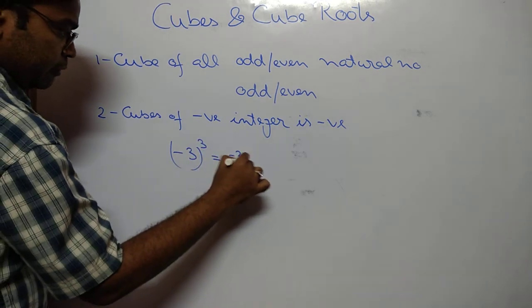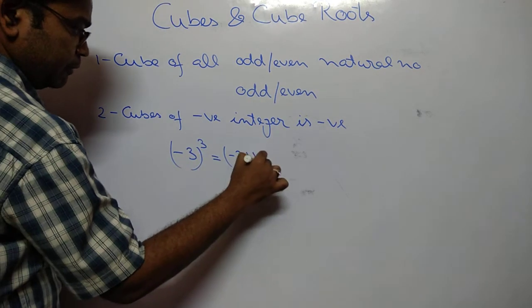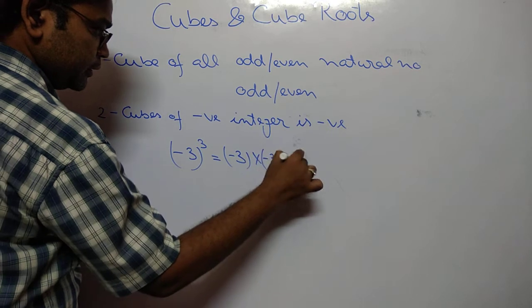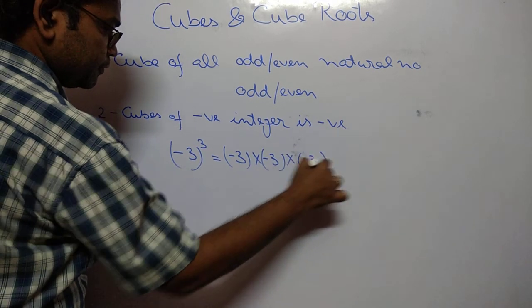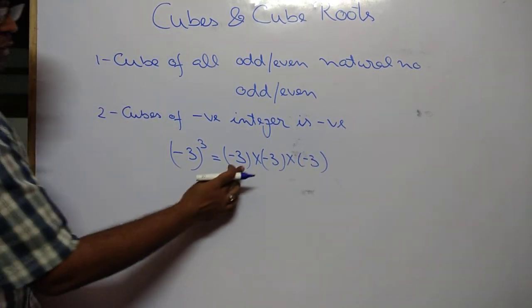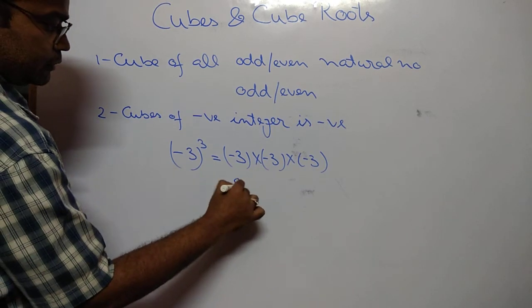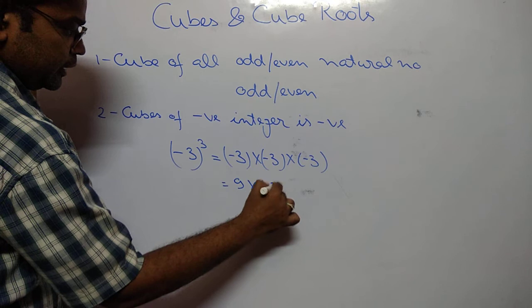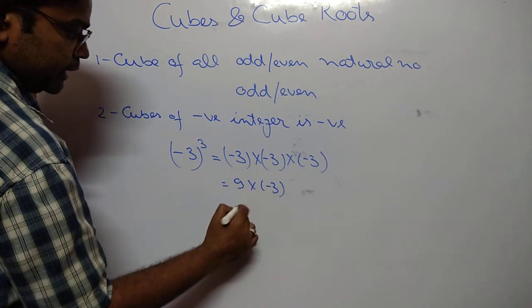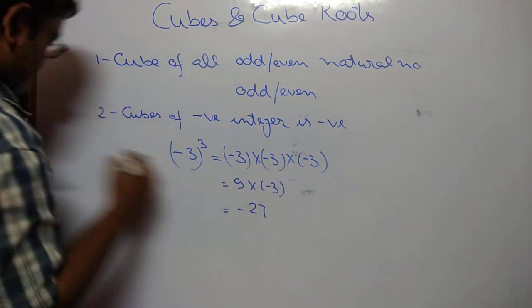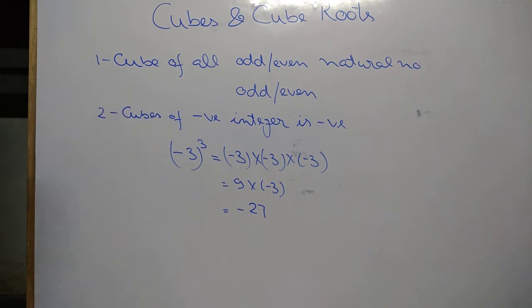It means minus 3 times minus 3 times minus 3. So minus 3 times minus 3 is 9, plus 9, and 9 into minus 3 is minus 27. So hope this one is clear to you. Move to the next point.